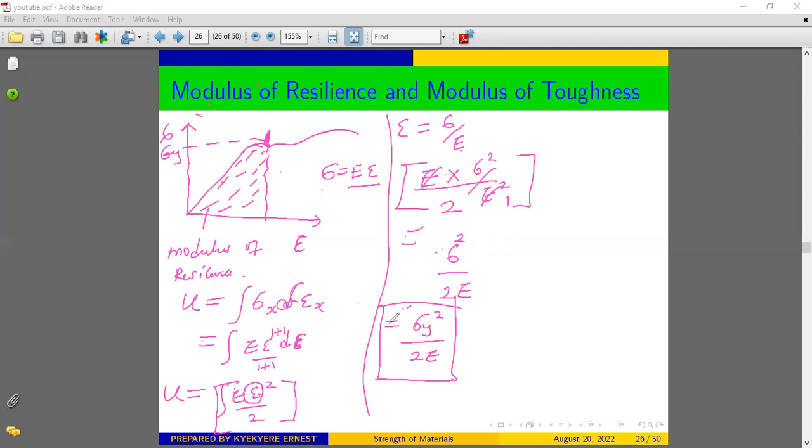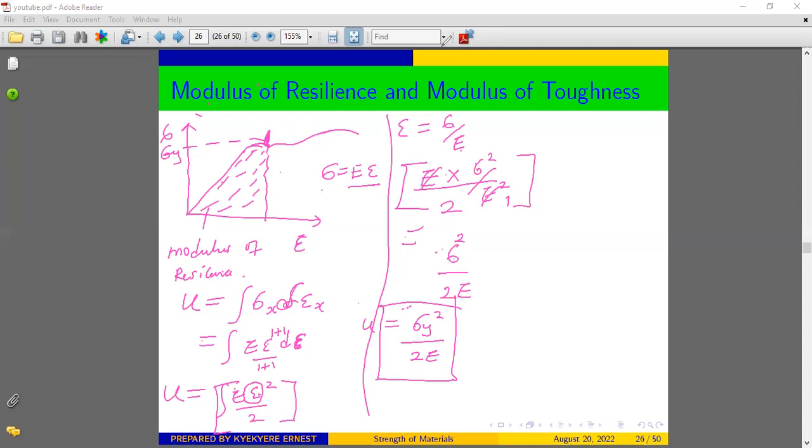And we are saying that the strain energy up to the yield stress is referred to as the modulus of resilience, or the work done up to the yield point. Good.